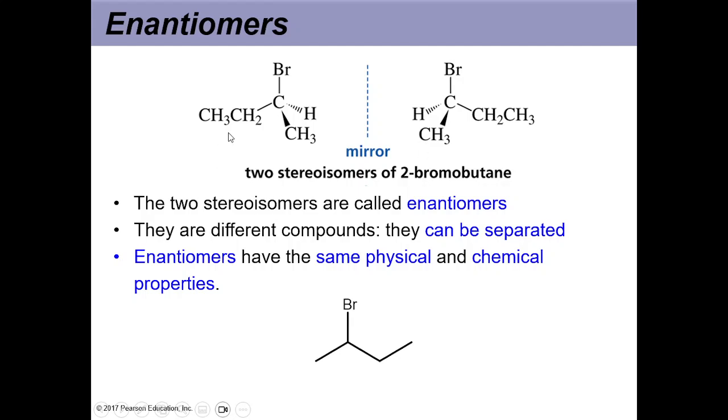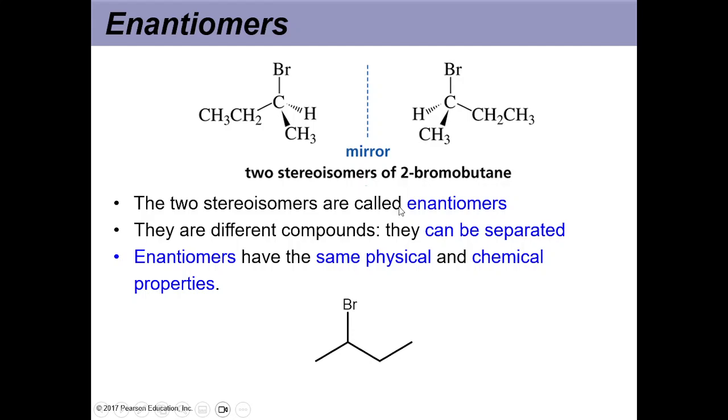So when you have a compound with a chiral center, then you would know it is a chiral compound, and it must have an enantiomer, which is going to be its mirror image. The mirror image can be drawn like this with a carbon, and then everything is symmetric to each other from this mirror plane.